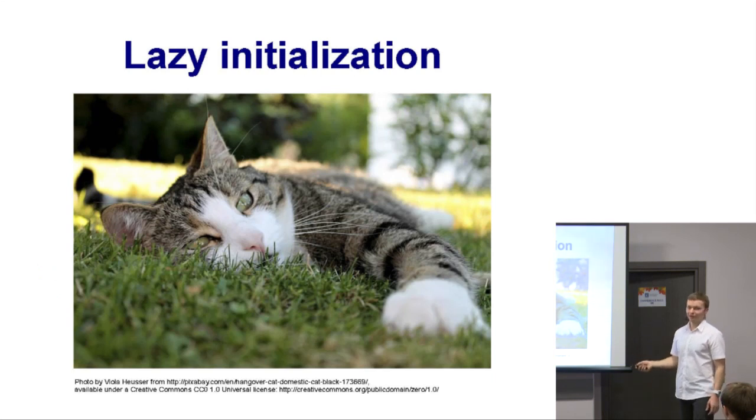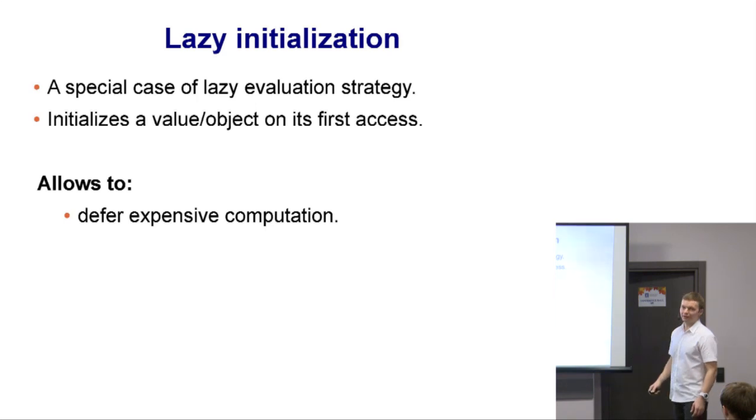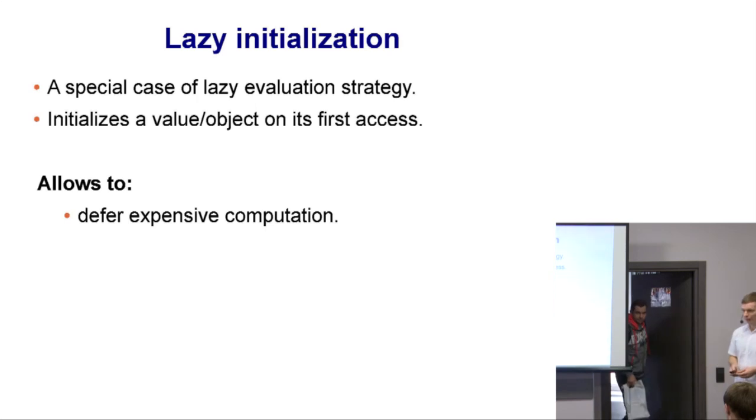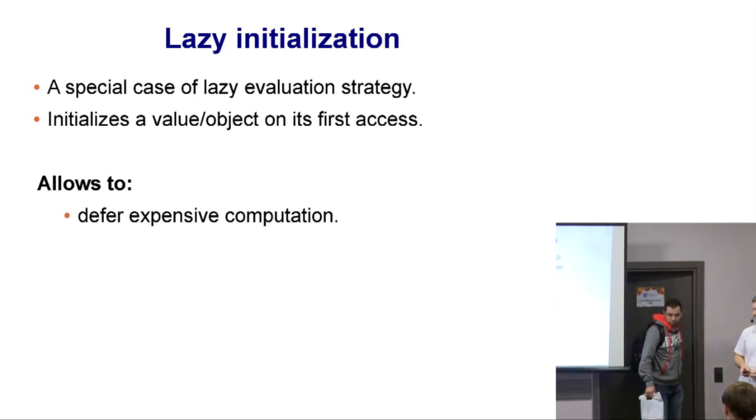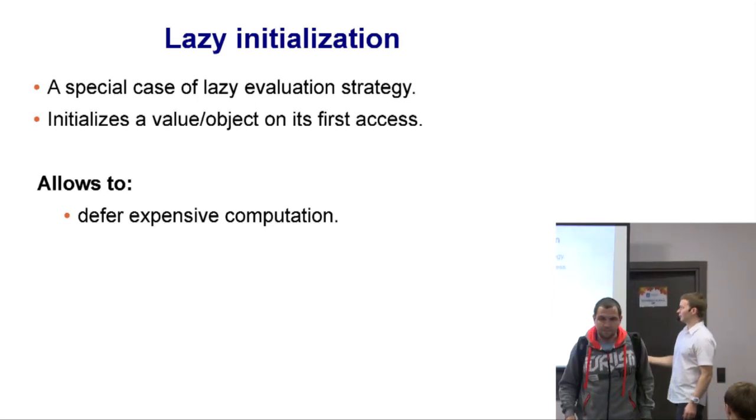The next pattern is lazy initialization. Lazy initialization is a special case of lazy evaluation strategy, and it initializes some value or object on its first access. So we can defer some expensive computation until the first time it is needed.